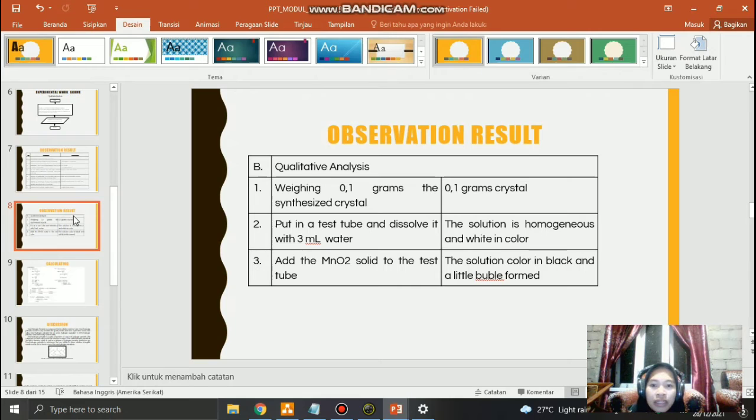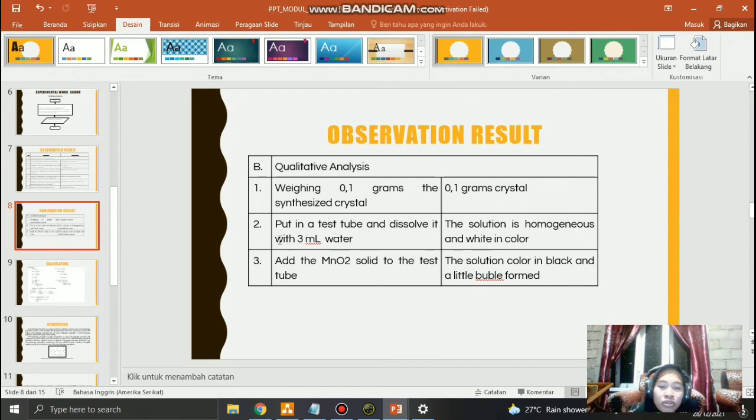Point 2. Qualitative analysis. Treatment 1. Weigh 0.1 grams of the synthesis crystal. Observation: 0.1 grams of crystal. Treatment 2.